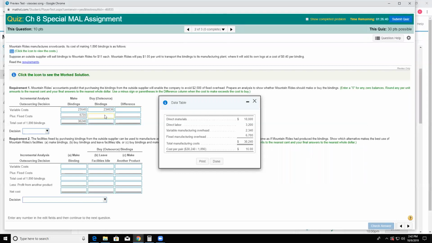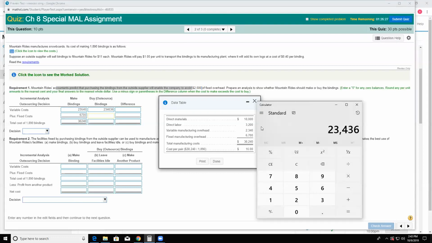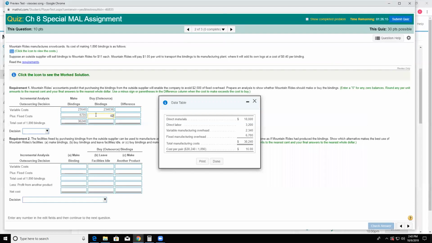Okay, and now how about your fixed cost? It said if you purchase, then you can avoid 2,500 of fixed cost. Before it was 6,700, but you can avoid 2,500, so that will give you 4,200, right?